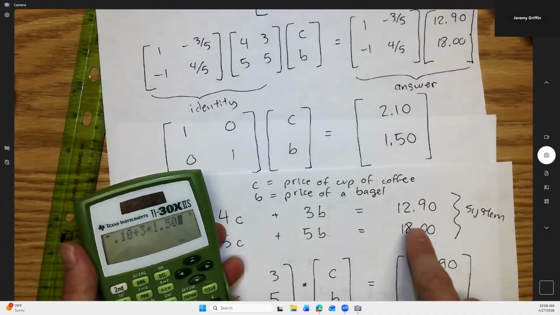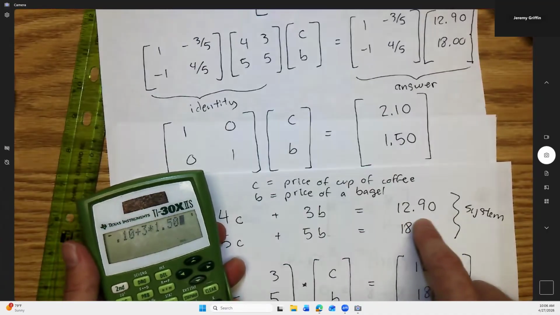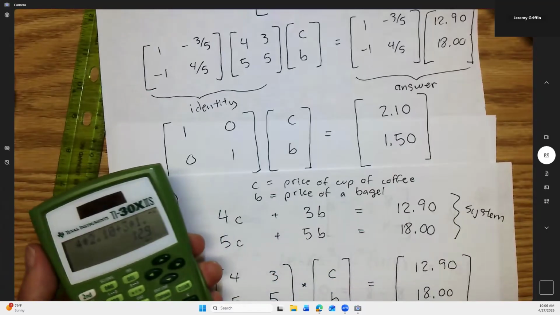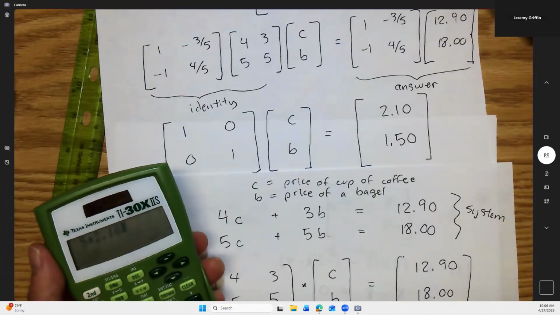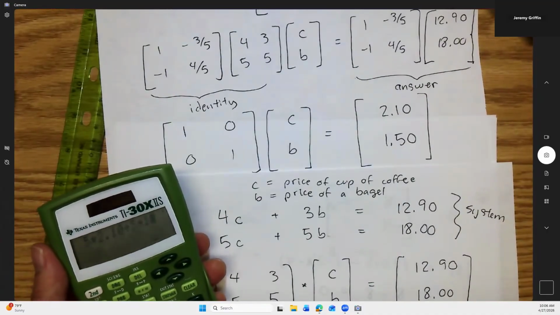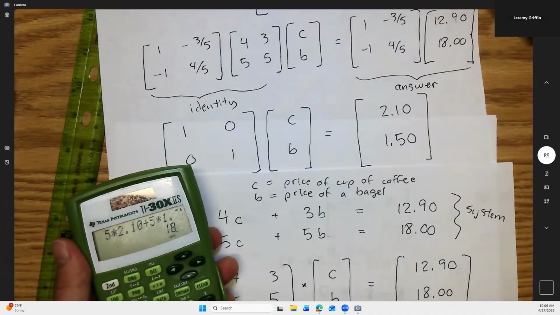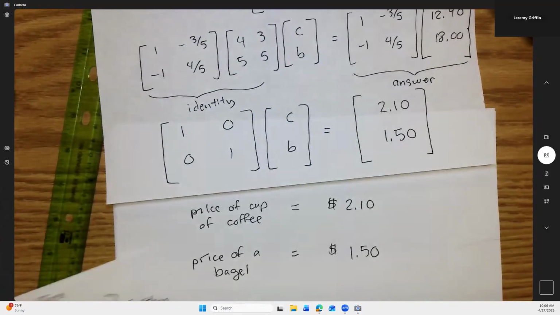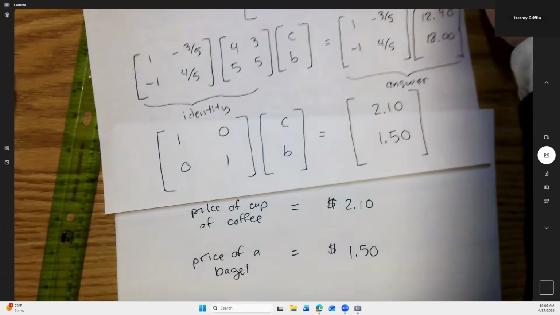This should tell me $12.90, shouldn't it? And it is, exactly. Let's do 5 times 2.10 plus 5 times 1.50. That's 18. So they both worked out. All right, you guys get coffee and bagels.